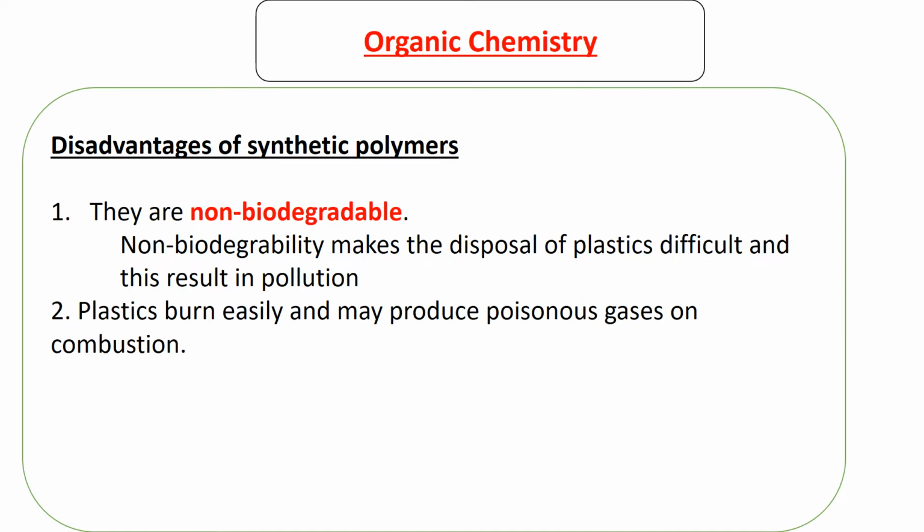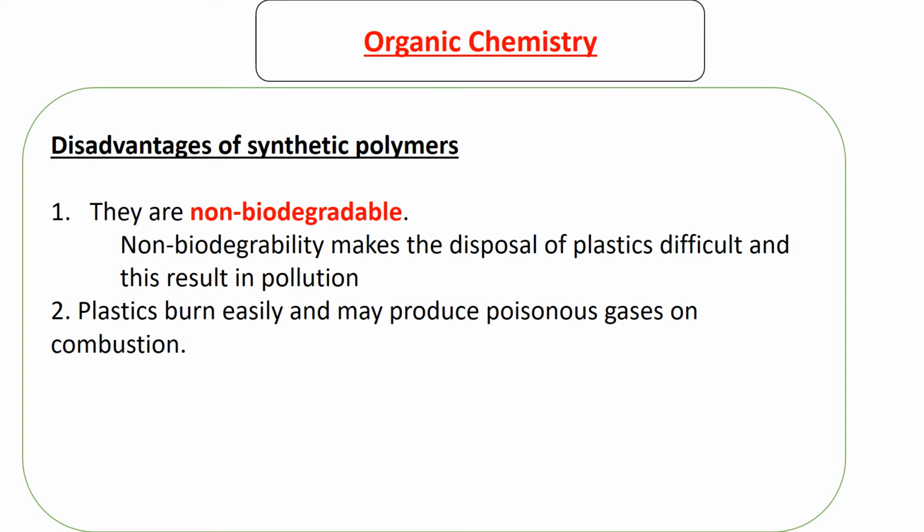Second, plastics burn easily and may produce poisonous gases on combustion, resulting in air pollution. So the non-biodegradable part, there's no way to deal with it. Inherently, by nature, the way they are made, they cannot be decomposed by bacteria. There's nothing we can do about that.